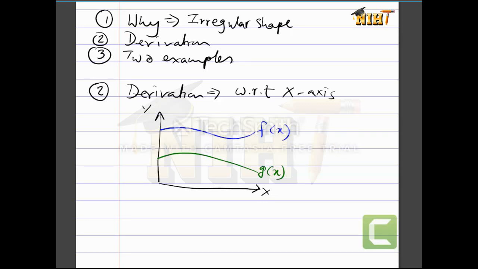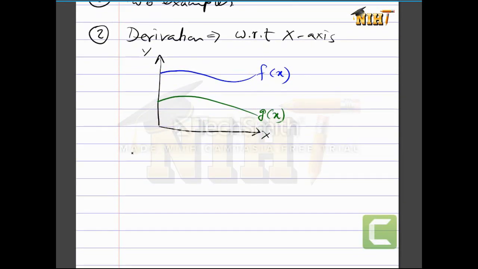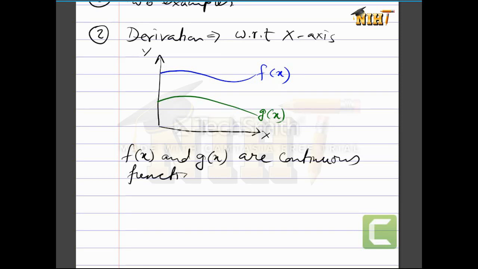And we are going to write the condition as f of x and g of x are continuous functions. Now, we said we are going to use definite integrals, so we need to produce some limits.